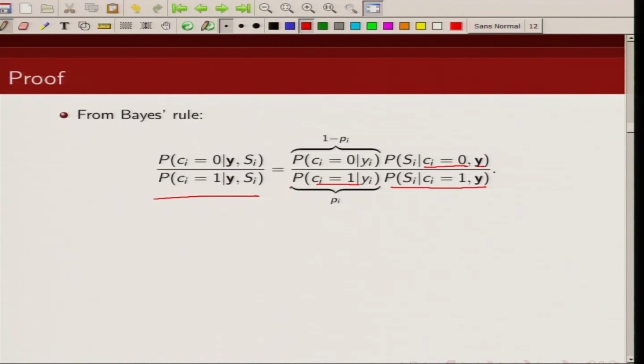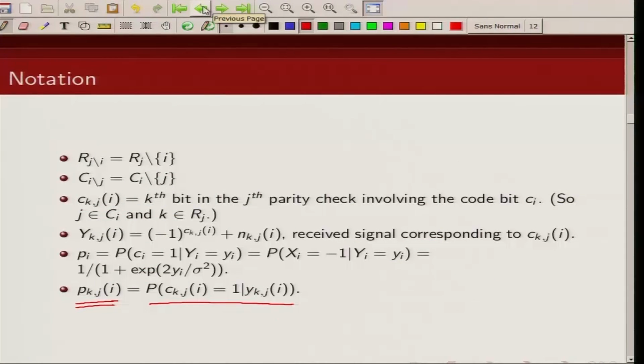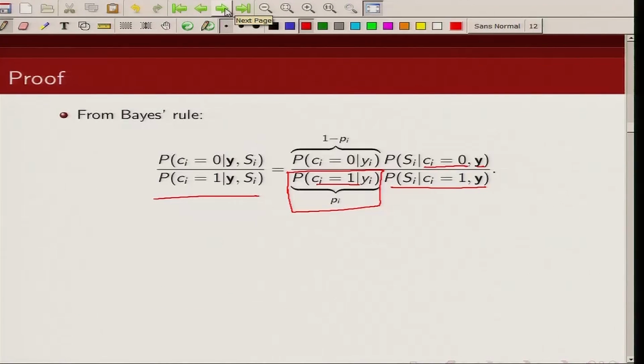So, this probability is nothing but our Pi. If you go back, what was Pi? Pi is probability of Ci given Yi. So, that is Pi. So, then this upper term would be 1 minus Pi.